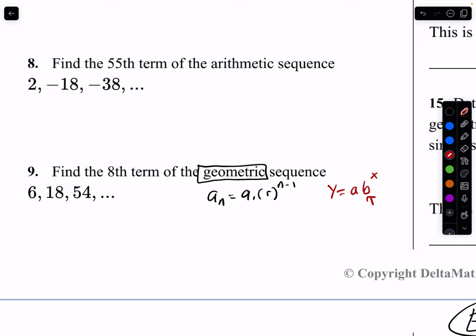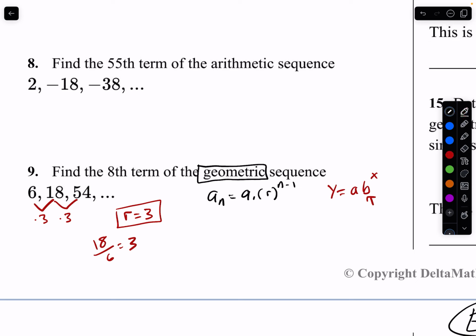So if we look over here and we figure out, well, how do we get from 6 to 18 and then from 18 to 54? If you're not sure, again, 18 divided by 6 is going to give us 3. So we're multiplying by 3 each time. So that's our ratio. So we use the letter r for ratio. We know that r is going to be 3. And everything else we know.